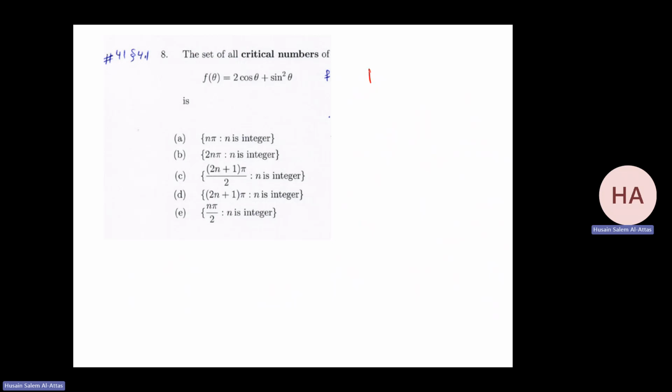So what's the domain of f? All real numbers. Now we'll find f prime. F prime at theta will be minus 2 sine theta plus 2 sine cosine.